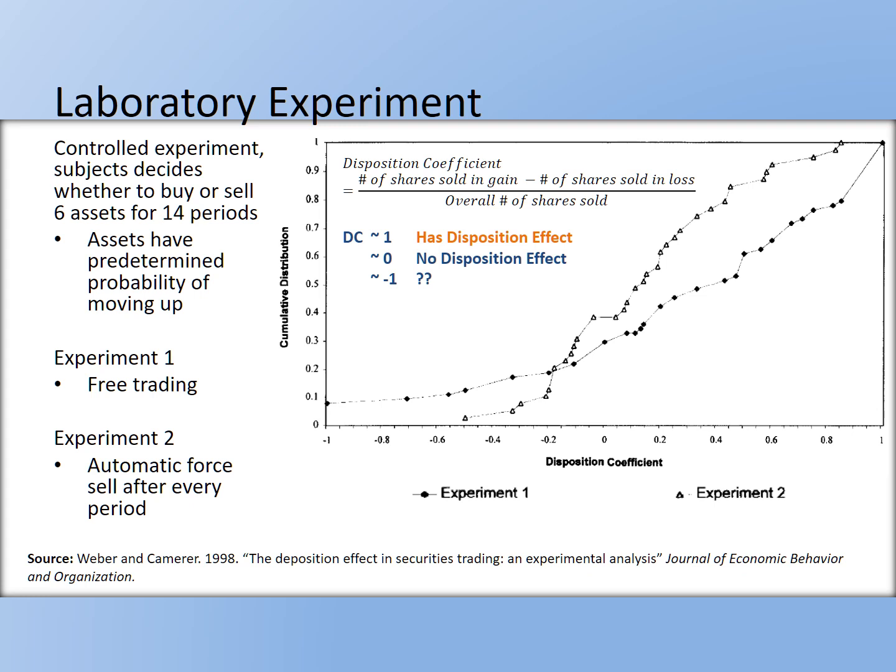That's how you get 1. That means you're mostly selling at a gain. How do you get 0? 0 means that it's basically 50-50. That's why they cancel out. What about -1? -1 means you are mostly selling at a loss, which is kind of a weird behavior because you would not be making money.